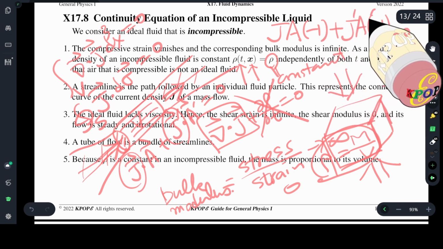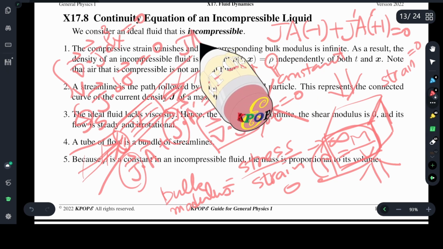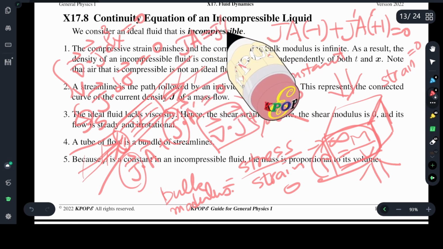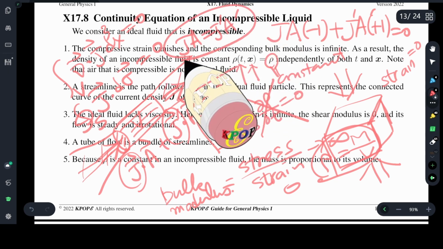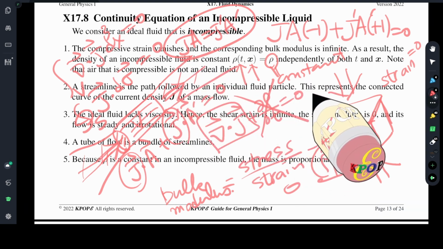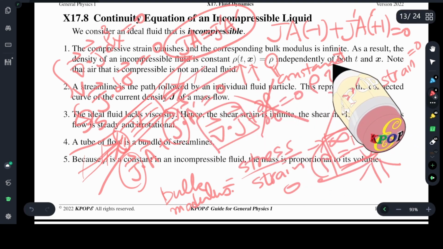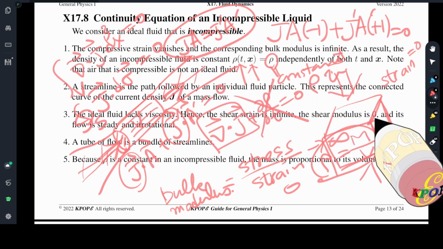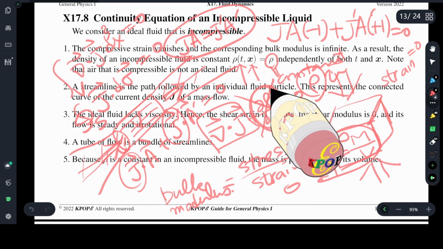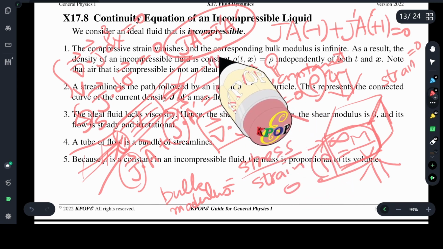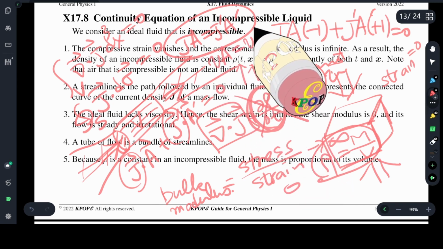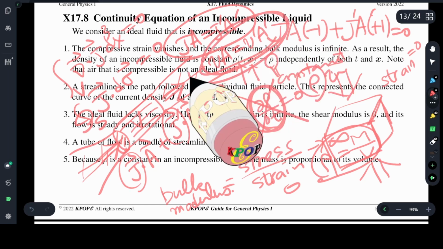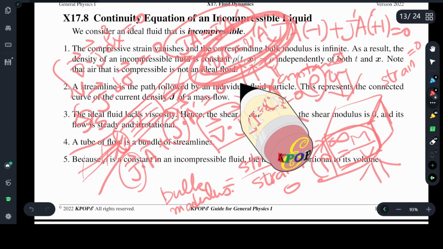So JA equals J prime A prime. But because J is a product of rho times velocity, I can substitute in here. Rho cancels because rho is constant. So VA equals V prime A prime. This is the result of the continuity equation for an incompressible fluid.